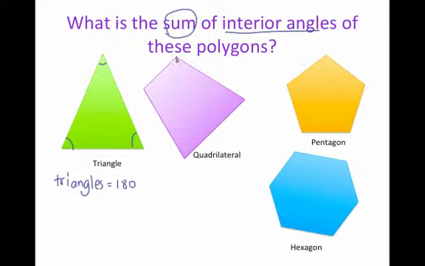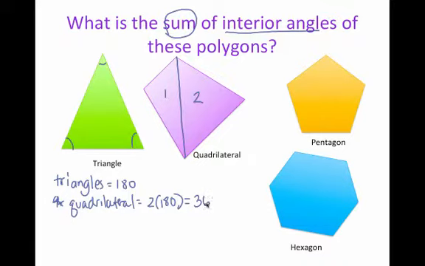So if I draw this diagonal right here, I end up with 2 triangles. We know that the sum of the angles in this triangle is 180, and the sum of all the angles in this triangle is 180, and so we have 2 times 180 in a quadrilateral, which is 360. So all of the angles in any quadrilateral add up to be 360.